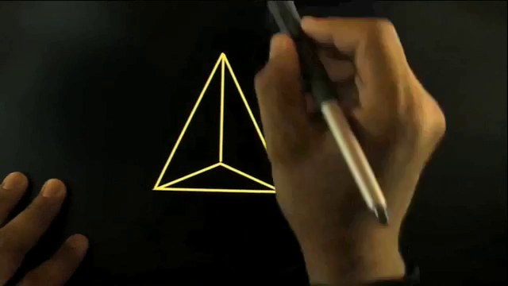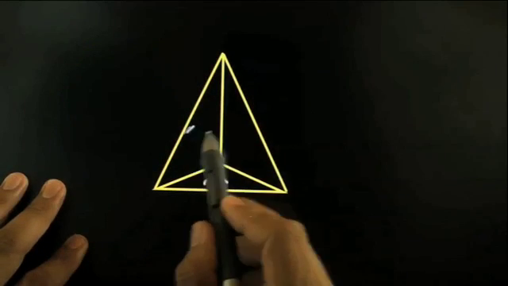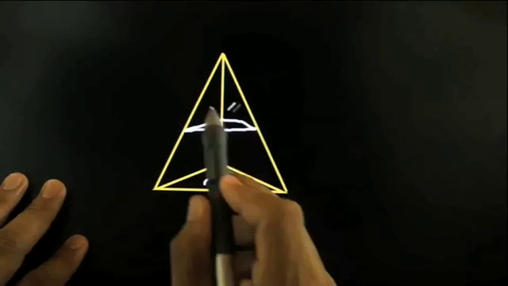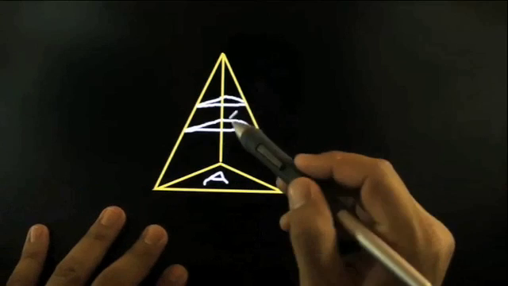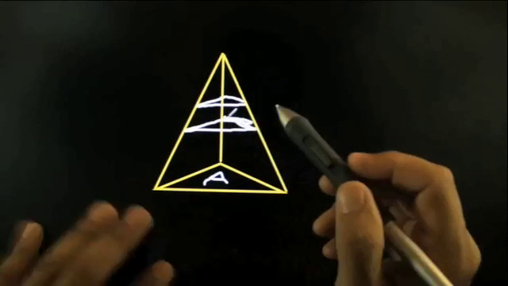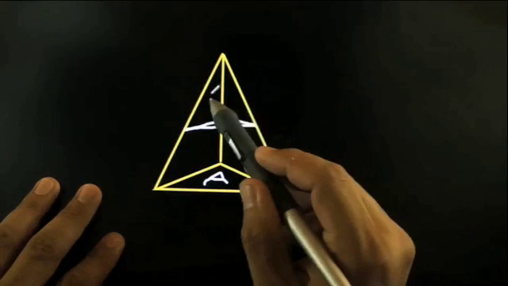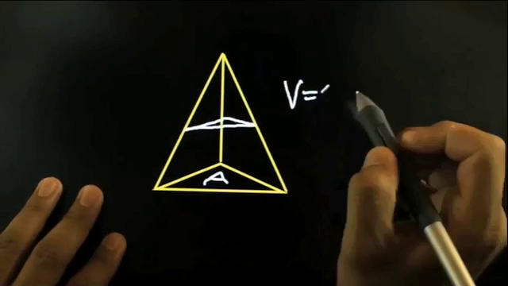So these cross sections on the bottom, you start off with some area A, and the shapes as you go up, they're still the same, but they have smaller and smaller area, although proportional, until they end up in one single point at the top. Then what's the volume? That's the interesting question.